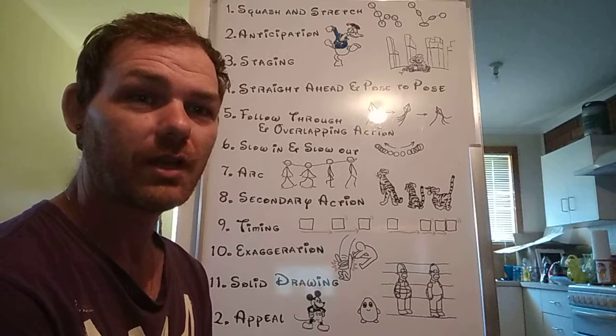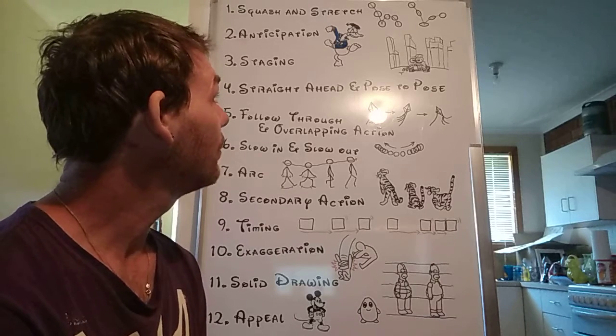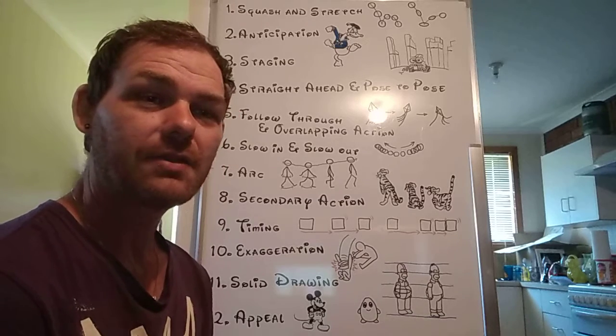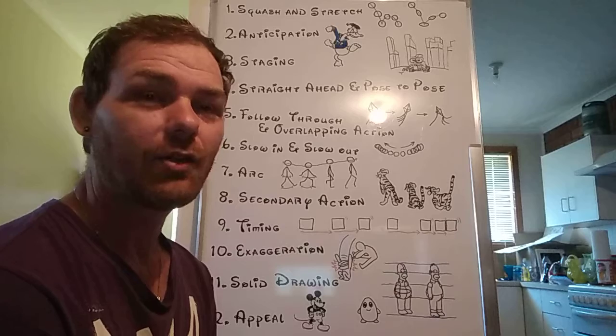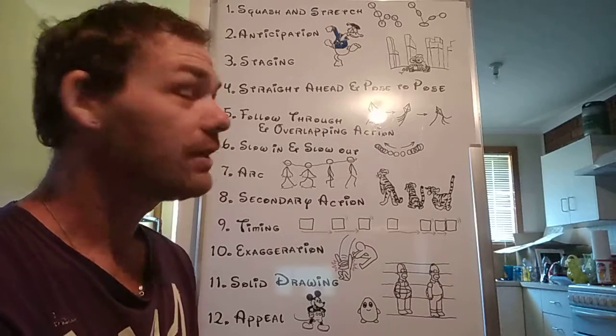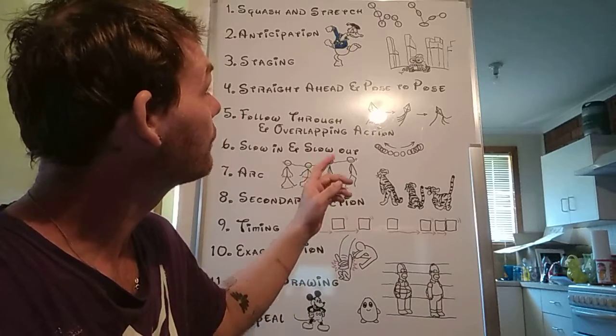Squash and stretch is the first principle of animation, and it's arguably the most important because it gives your characters and objects mass and weight and gravity, and just gives them life. In my example, I've got a bouncing ball.